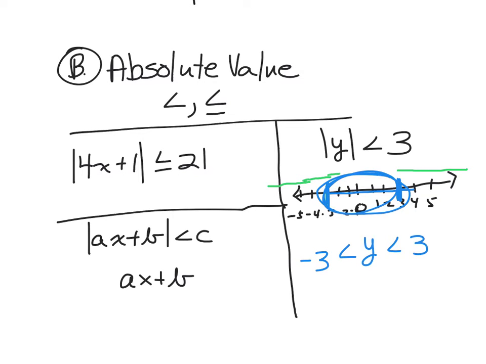It would have to be between what two values? c and negative c. Using the same logic, that's the model we'll use for absolute value with less than.